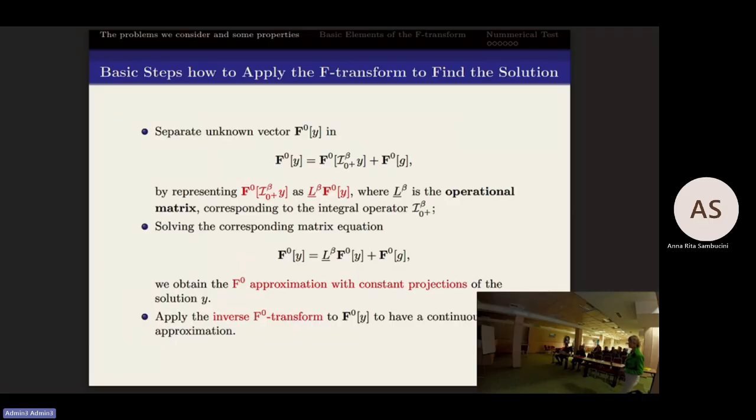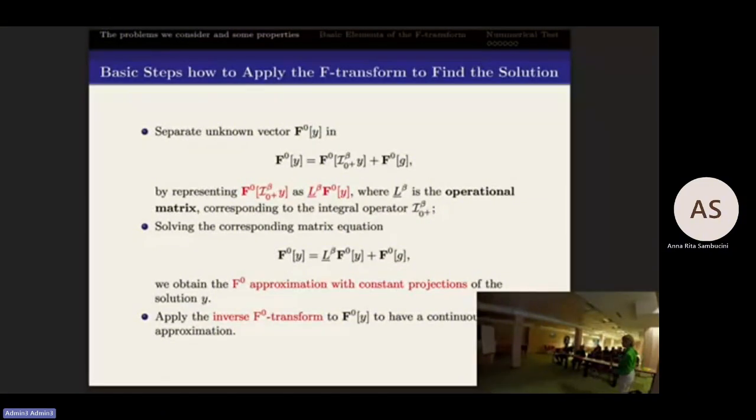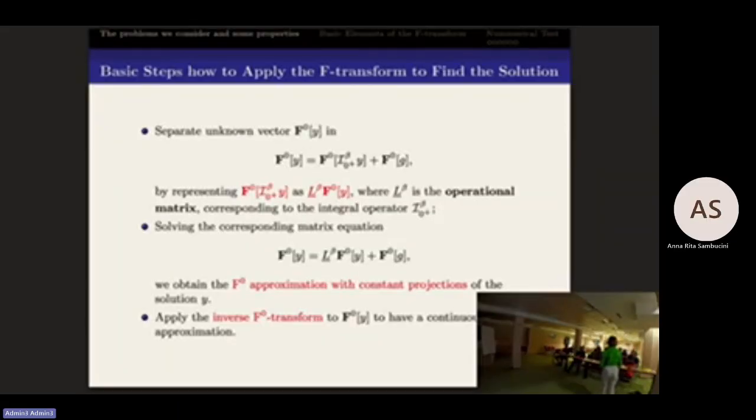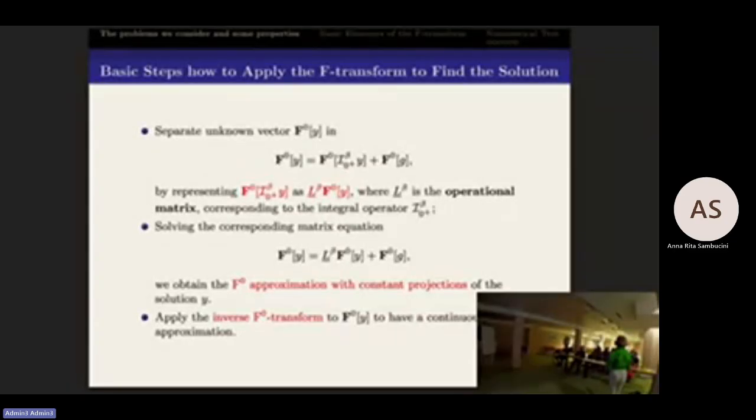When we do it, we have what we wanted: the unknown vector is here, and here it is again unknown, but this is a linear form with a matrix. So we can do an elementary transformation, putting everything in the left part, for example, and find the unknown vector by multiplying by the inverse matrix. Luckily, the inverse matrix in this case exists. Then, when we have the solution in the form of F transform components, we apply the inverse F transform, and we have the smooth approximation as we wanted.